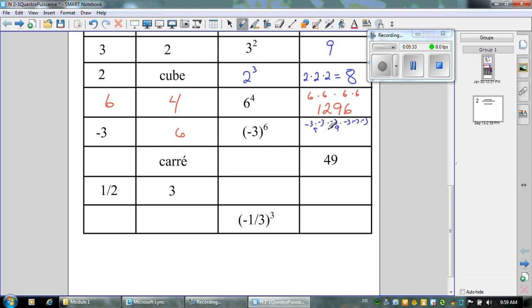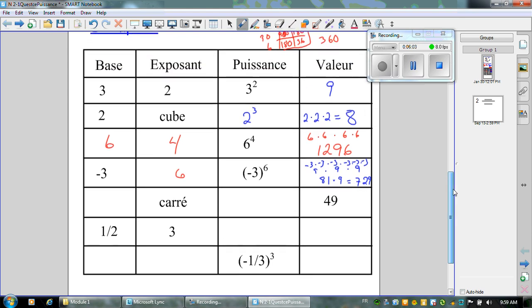These two here are 9. And these two here are 9. So I have 9 times 9 times 9. I know that's 81 multiplied by 9. 80 times 9, that's 720 plus 1 times 9. So 729 is the answer. That's the value.